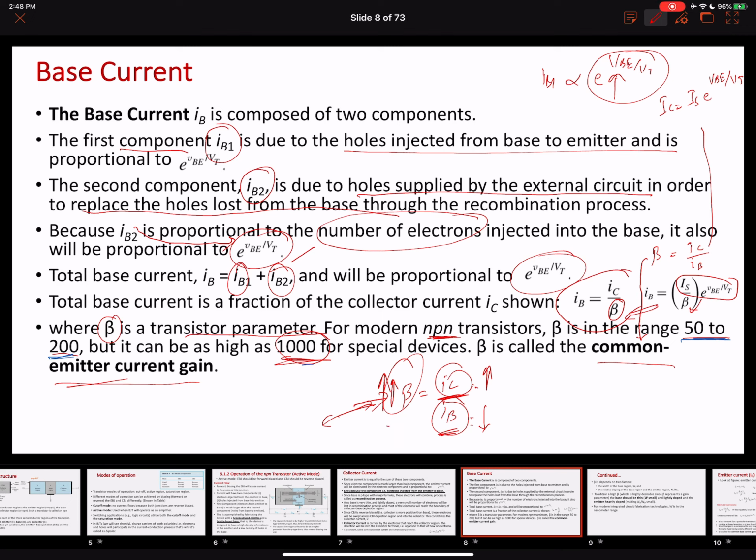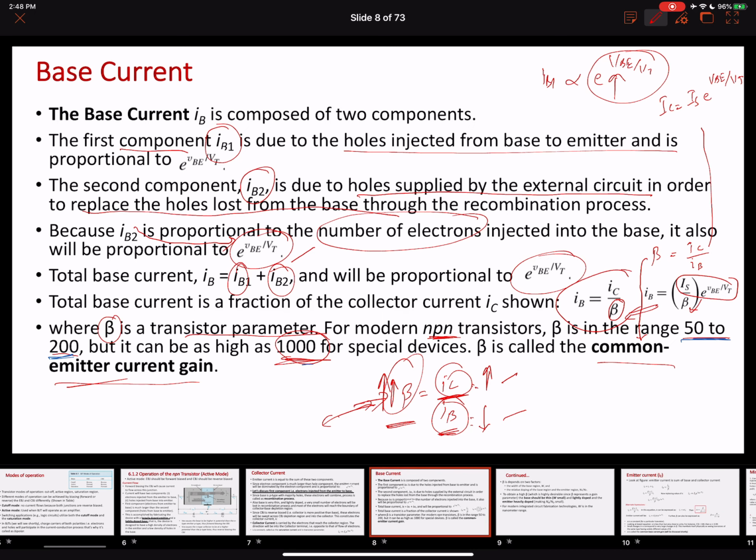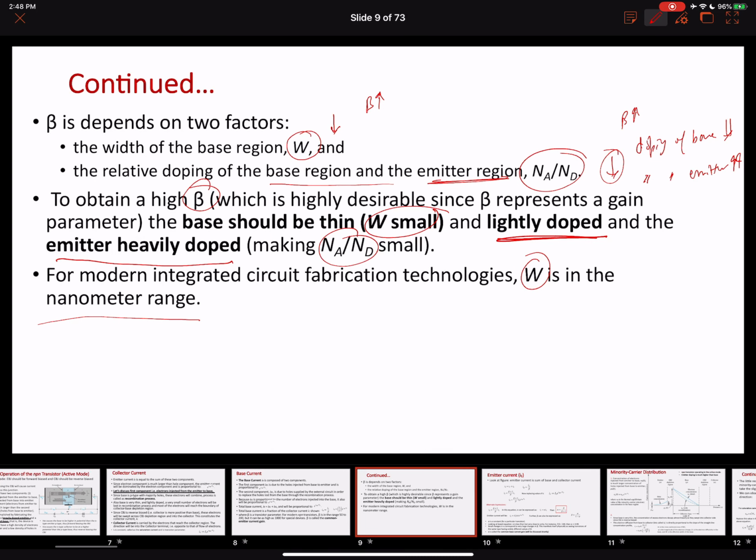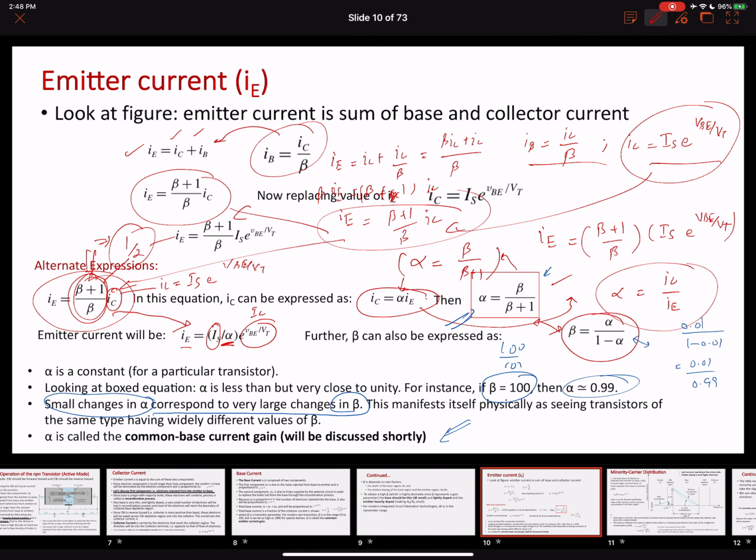And we saw that this beta factor was the ratio of the collector to the base current, so it was the common emitter current gain factor. We saw that this beta factor depends on the width of the base and the relative doping of the base to the emitter. We also derived the emitter current.